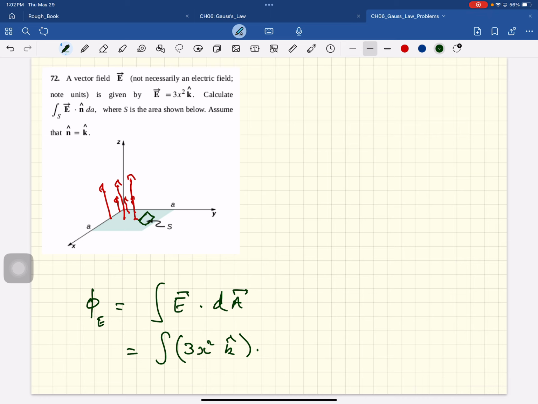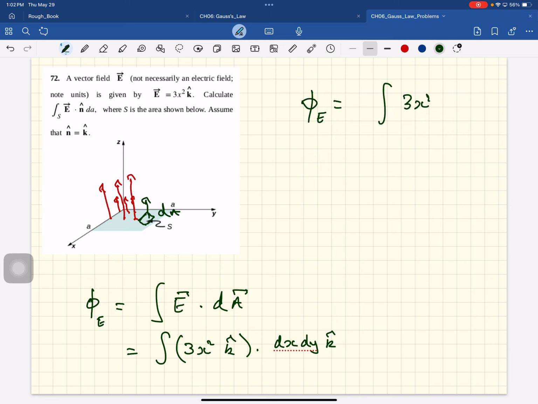It's dx dy k hat. The area, this area, dA. So k hat dot k hat is 1.